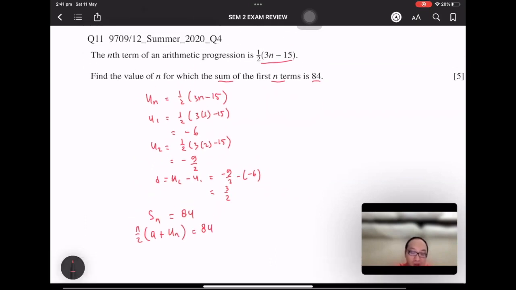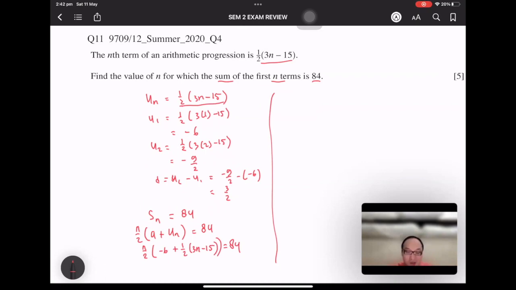So we don't need to find the d. So n/2 times, a is -6, the first term, plus u_n, the last term, is this, 1/2 (3n - 15), equals 84.